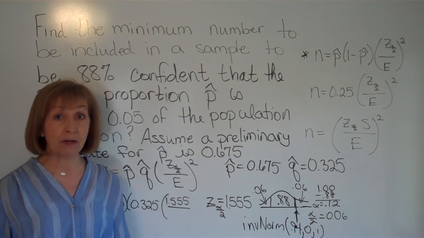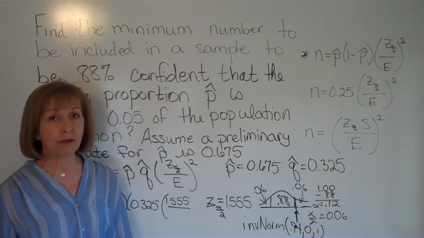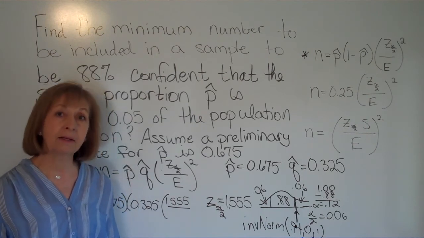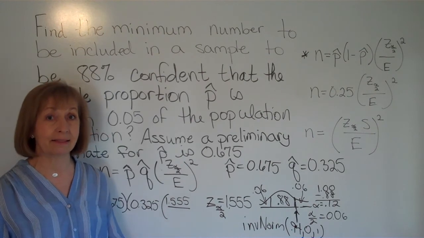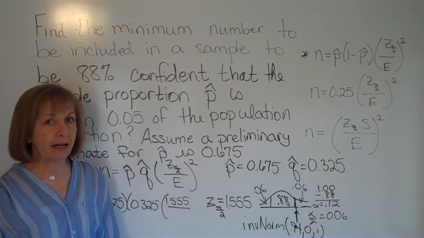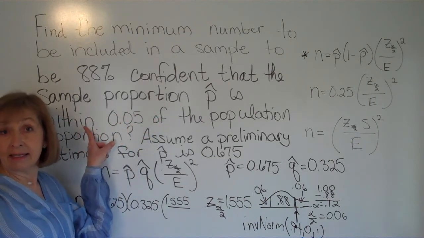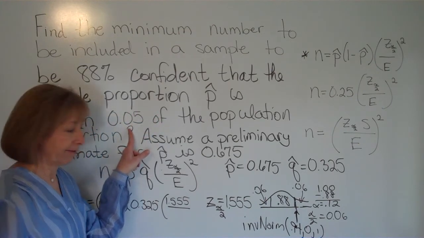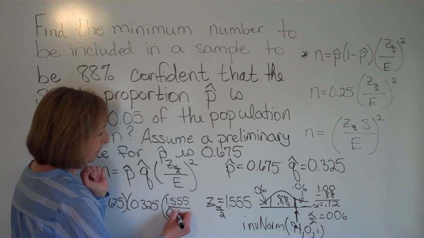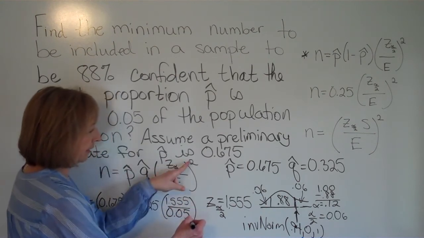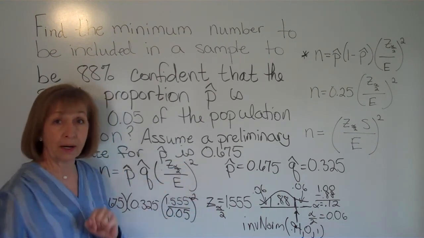So they'll either say with a margin of error of, or they'll say plus or minus this amount, or they'll say within this amount. So E usually follows the word within. And when I go back and I read this, it says within 0.05. So that's my E, that's what's going to go in the denominator. And then close the parentheses and you have a square.